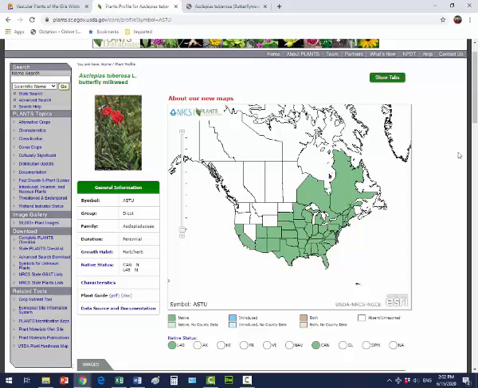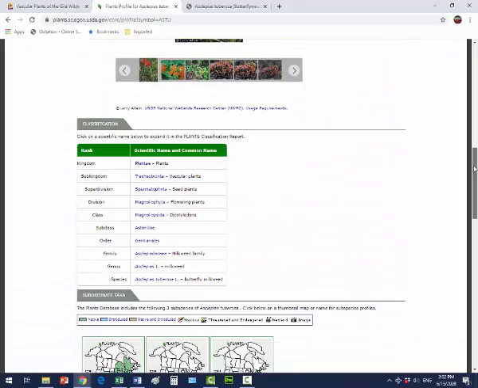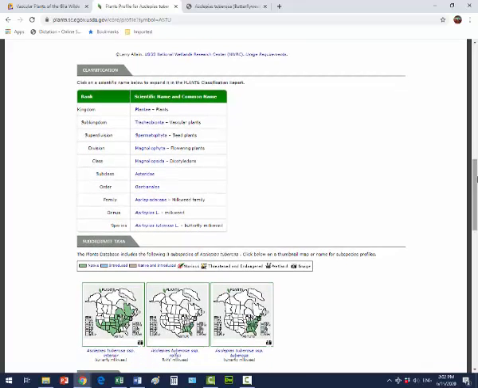I'm going back to the USDA site, and I'm coming down, and look what they have done for us. They've given us the scientific name and common name and a classification report for this particular plant, Asclepias tuberosa. So notice at the bottom, that's extremely specific. That's one plant.